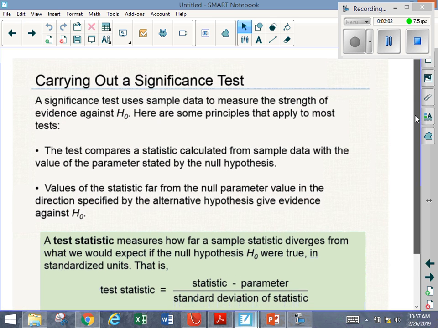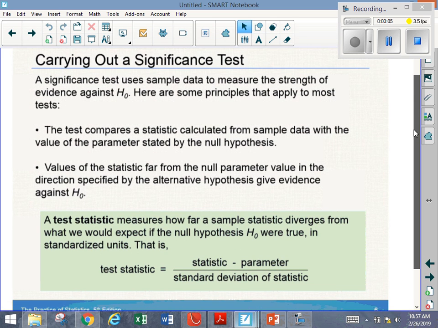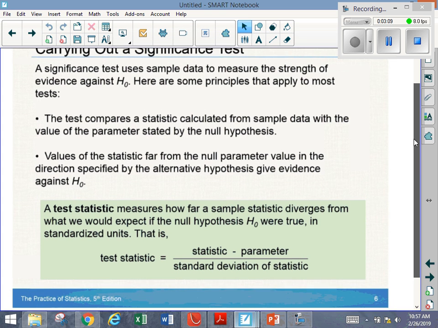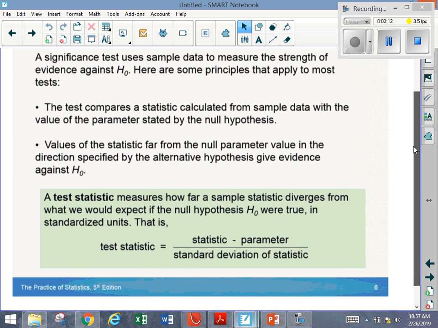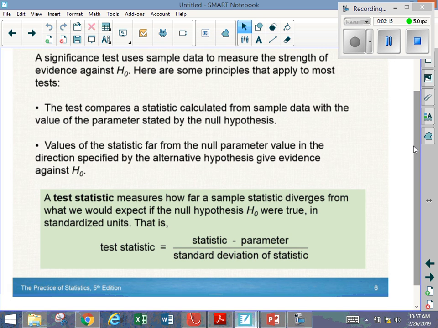So here we go. All right, this is how we actually get our test statistic. So we're going to have some sample data, and we're going to find the probability of that data occurring. Amazingly enough, you've seen this exact formula almost, except we took a brief break and we're looking at different probabilities.